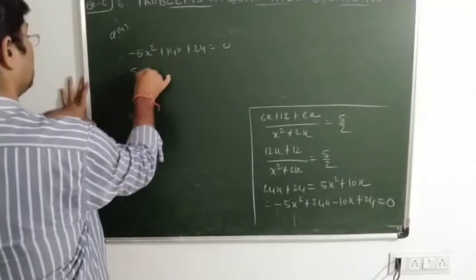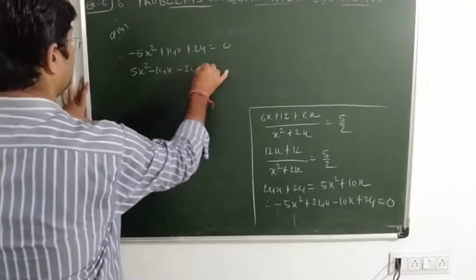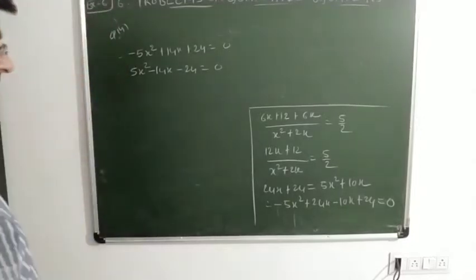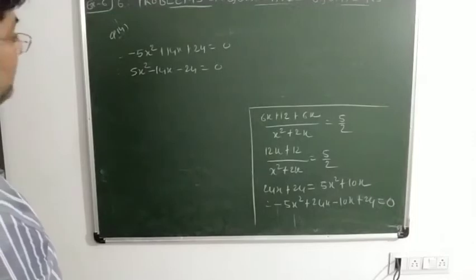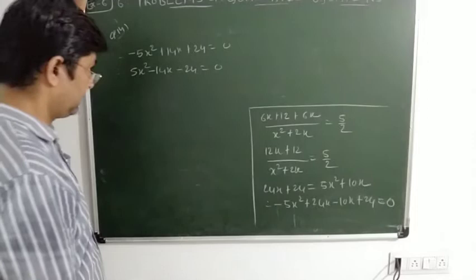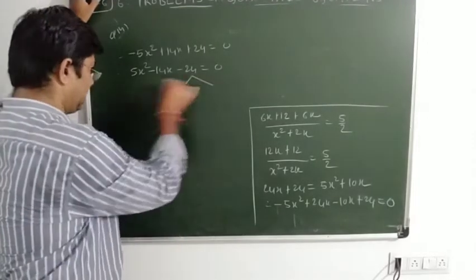Taking minus sign common, 5x square minus 14x minus 24 is equal to 0. 5 into 24, 5 24s are 120. Yes or no? Now we have to find the two factors, or here only we can find out.